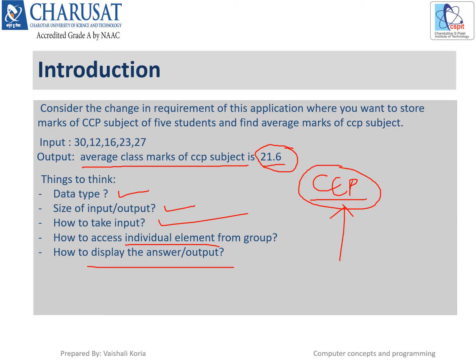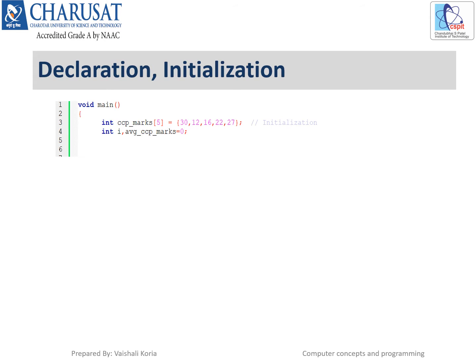So for this kind of scenario, there is a concept of array in the C programming language. Here in this example, you can see one CCP marks variable, or array. Here this is the array, right? It is taken as CCP marks, the data type is integer, and in the square brackets the size is specified.